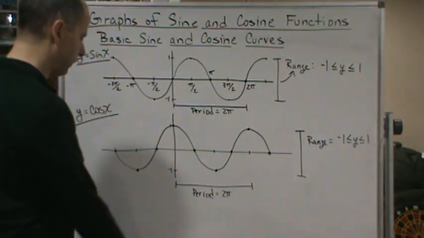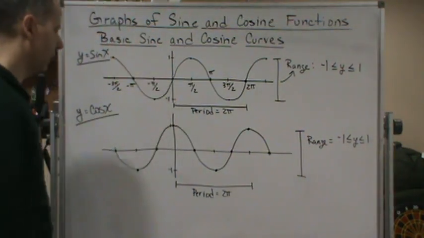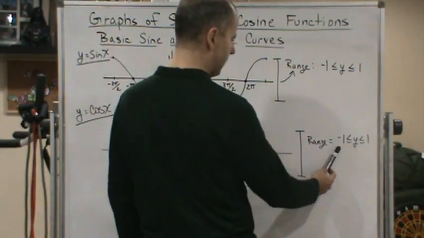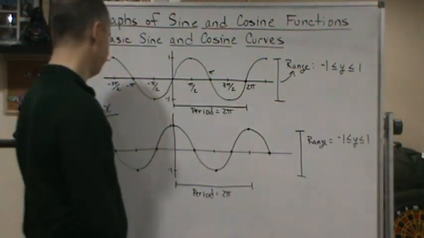So again, the period is 2 pi. The range is the same as sine, negative 1 to 1.